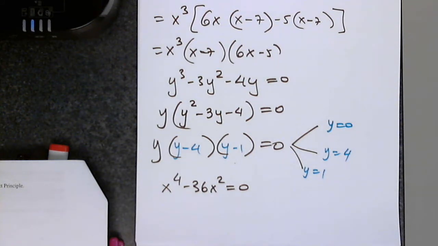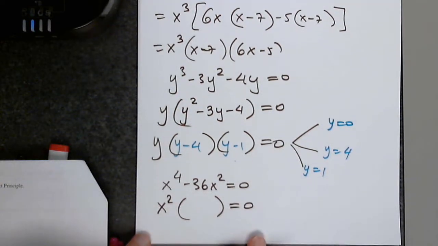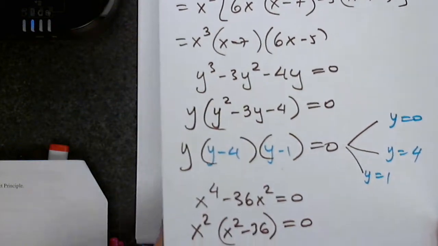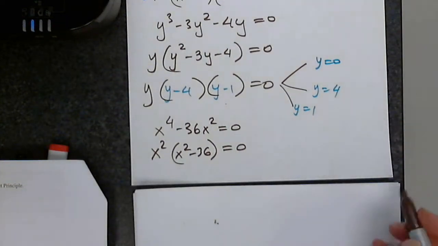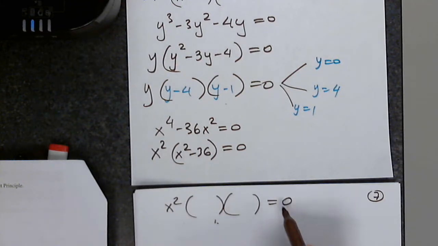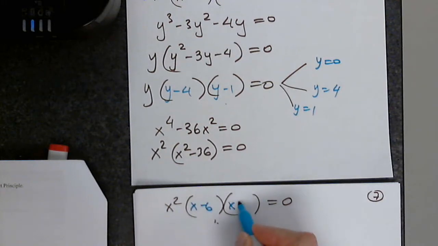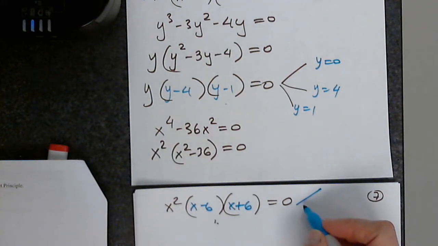It's in descending order. Greatest common factor? Excellent. In parentheses, x squared minus 36. This is over and over the same thing. Difference of squares, which is? We expect how many solutions again?